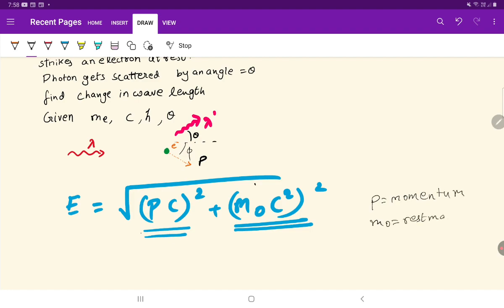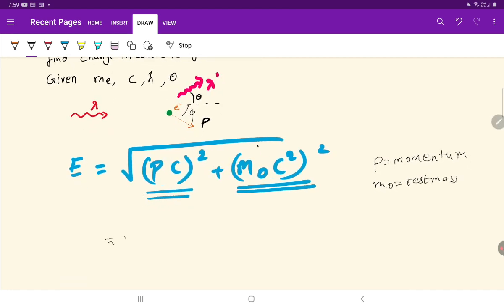Okay, these few terminologies you must know before solving the question. And in the limit of non-relativistic speeds, we can write it as nearly m naught c square plus half m v square, or you can write it as p square by 2 m naught.